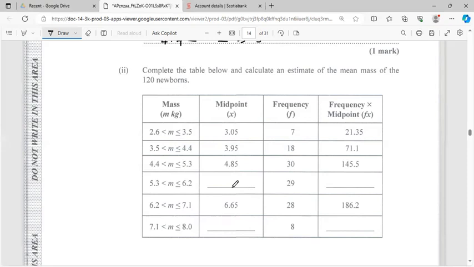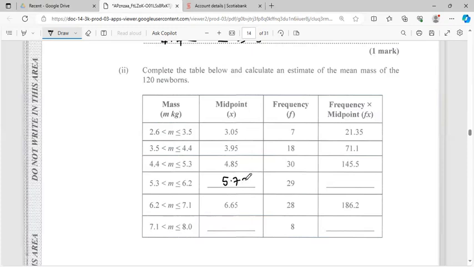So it's 5.3 plus 6.2, 11.5. Alright, so it's 11.5 divided by 2, 5.75. Yeah, that's what I was saying. Going up by 1 and it's going down by 0.10.